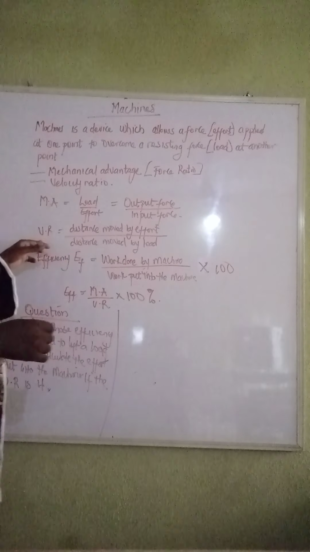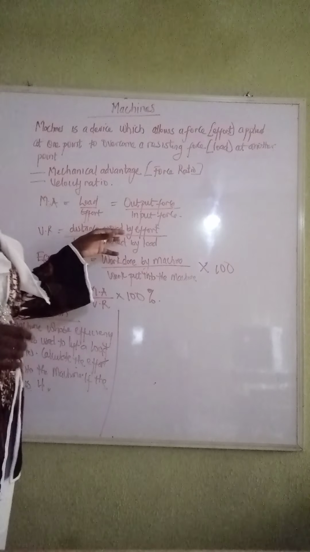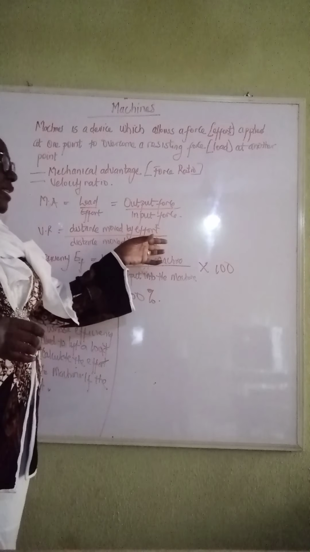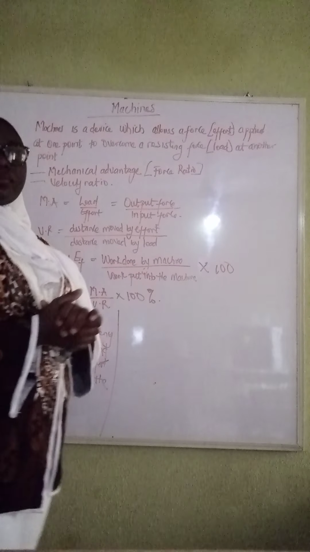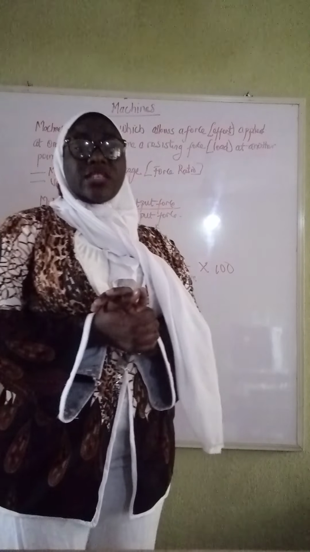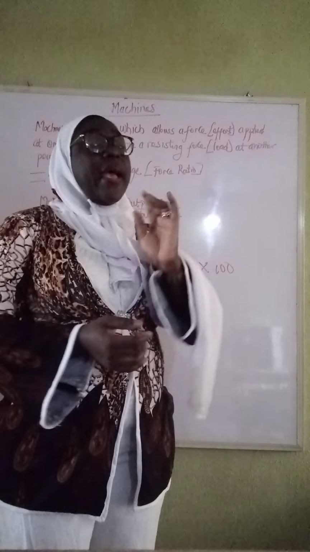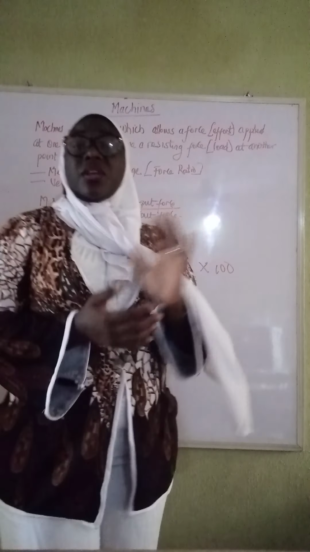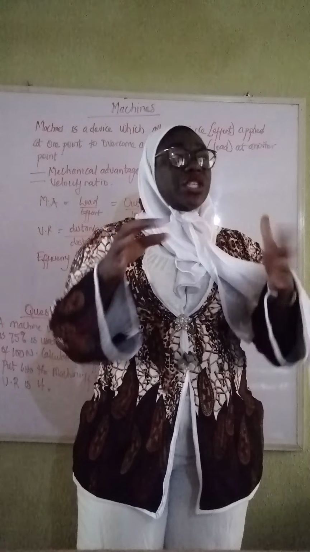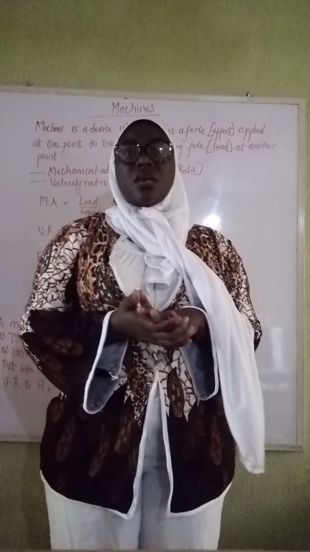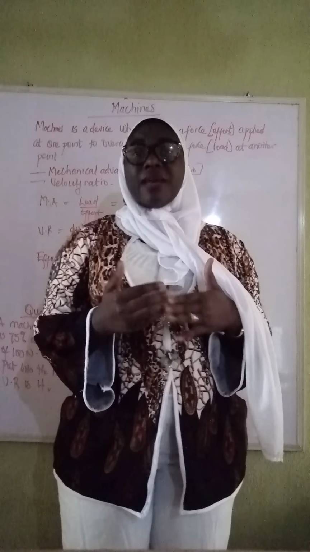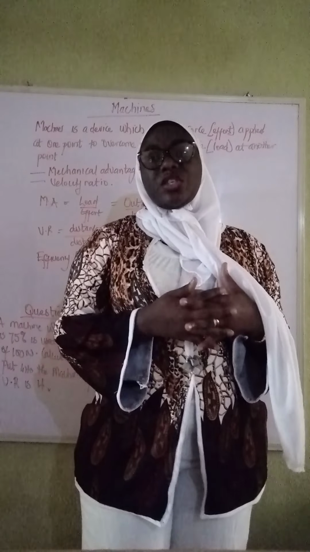Now, velocity ratio. This is the distance moved by the effort over the distance moved by the load. Meanwhile, the formula for this velocity ratio varies with different machines. It depends on the geometry of the machines. So as time goes on, we'll be talking about the different velocity ratios based on the different types of machine we have.